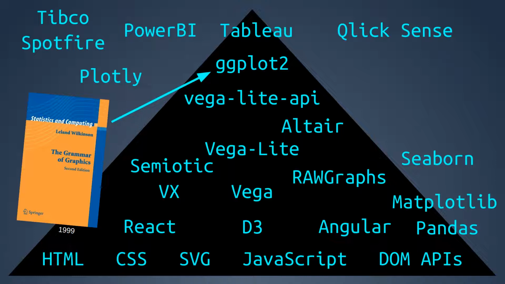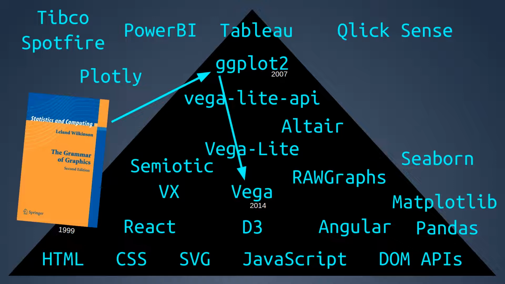ggplot2 is the tool of choice for R developers who need to produce a bunch of different varieties of visualizations in a relatively short amount of time. ggplot was introduced around 2007, and then that inspired the development of Vega by Jeff Heer and his team around 2014. Vega is also based on the grammar of graphics, these concepts.